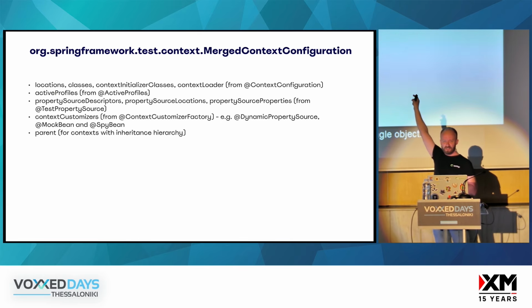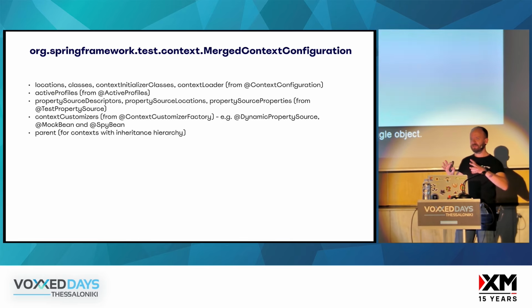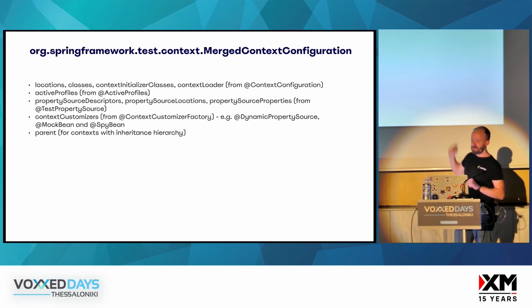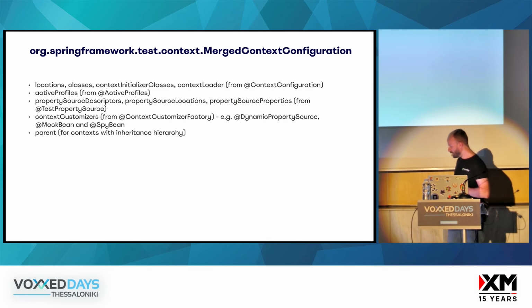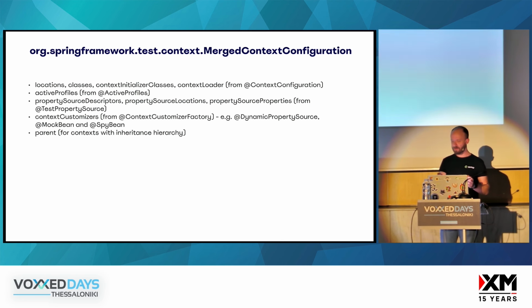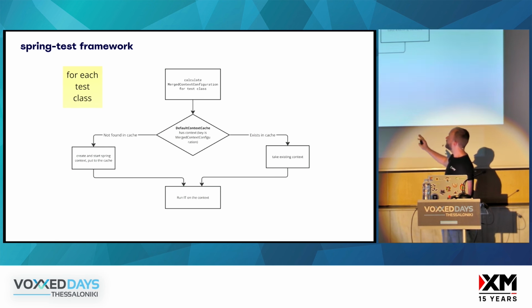It's a bit of a boring list of all those parameters, but I'm mentioning it in case you want to see the exact definition of this. Why do I focus attention on this class? Because this is the main criterion for whether two different integration test classes have the same configuration or not. So what happens then? This merged context configuration is a key for the cache of Spring contexts.